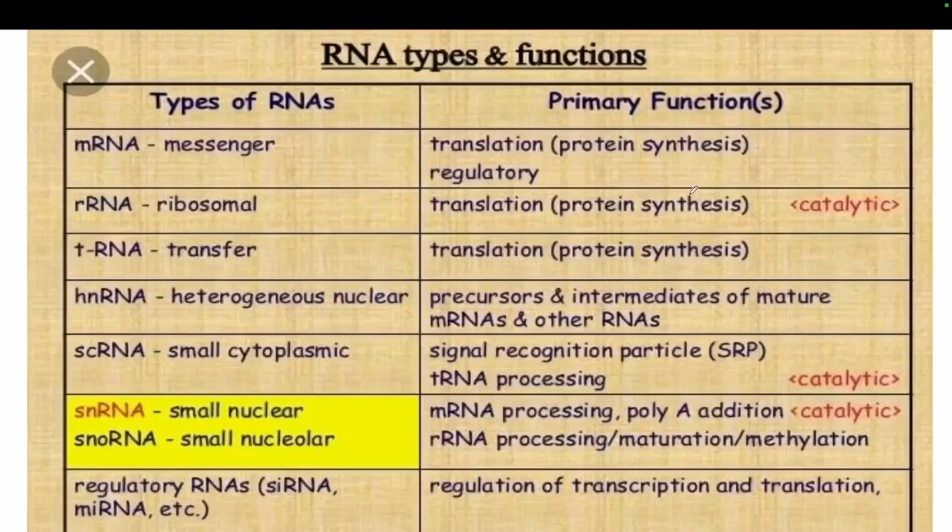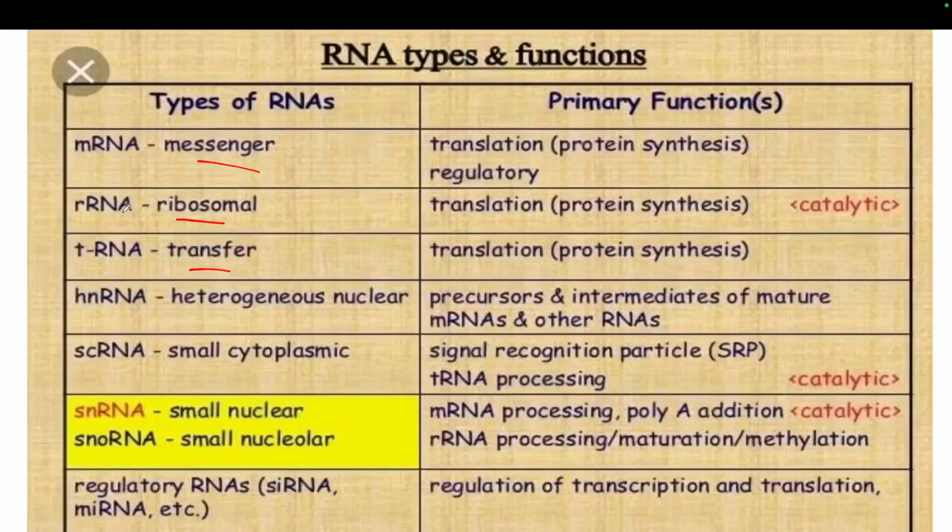There are different types of RNA and their functions. The most common types are mRNA, rRNA and tRNA. mRNA is called messenger RNA, rRNA is called ribosomal RNA, and tRNA is called transfer RNA. The mRNA is useful for protein synthesis, because the amino acid sequence is formed from the mRNA itself.